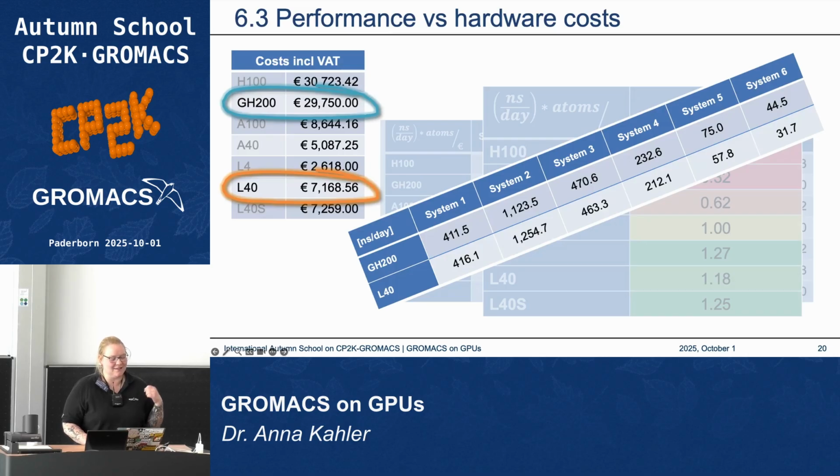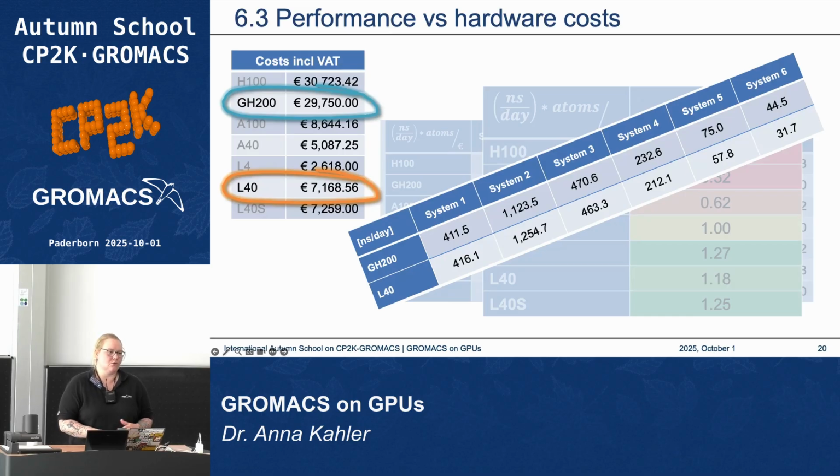And then there's the question, when you look at the performance and there's no real difference, why should you buy the expensive Hopper GPU if you can also buy the cheap Ada Lovelace GPU? It then depends on, do you have other customers, other users that use that? Is it only MD simulations that run on these?